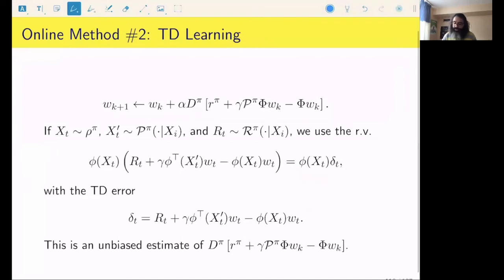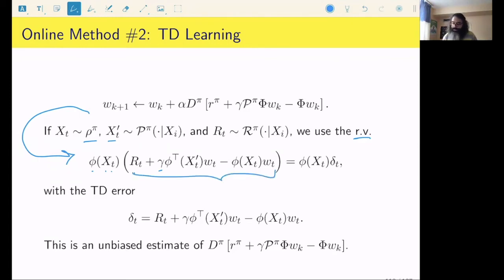So we go through the same procedure. If we convert this to an empirical version, if x_t is from the stationary distribution, x' is the next state, and the reward is the same, then the random variable defined as phi(x_t) times (r_t + gamma phi(x')^T w - phi(x_t)^T w) is essentially a single sampled version of the Bellman residual.